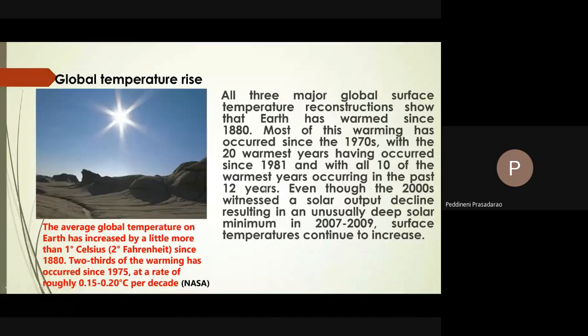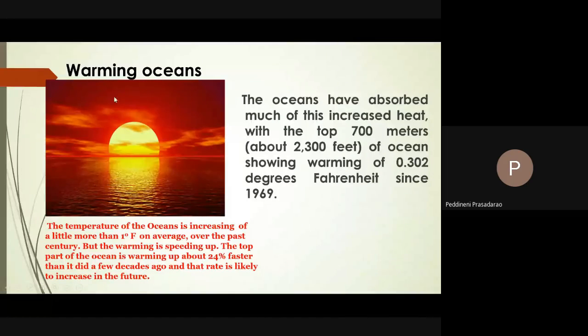So each and every indication shows that global temperatures are rising, and in recent time the rate of increase has also increased dramatically. And warming of oceans.